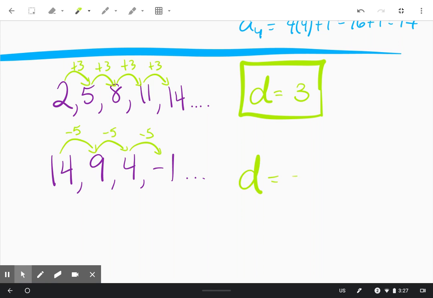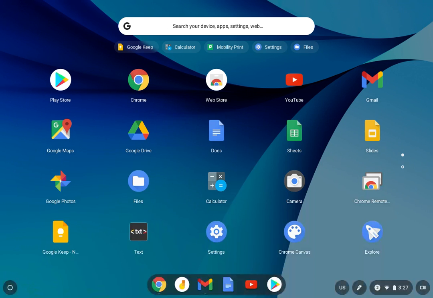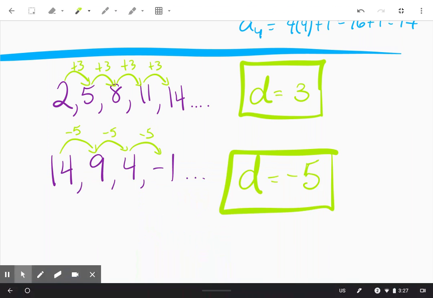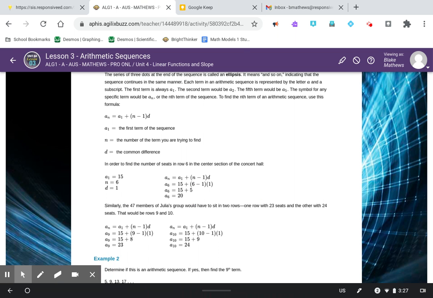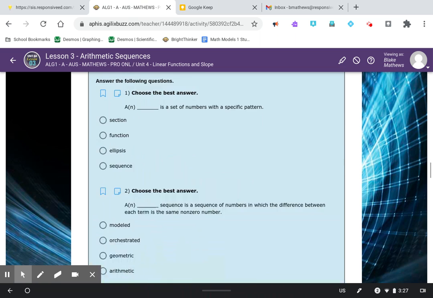And so the common difference would be negative 5. Generally speaking, that's how you're going to go about finding the common difference of your terms. That's one main component of this lesson.